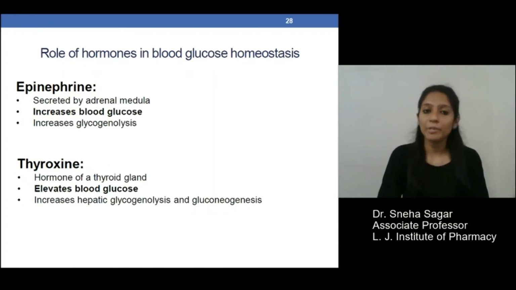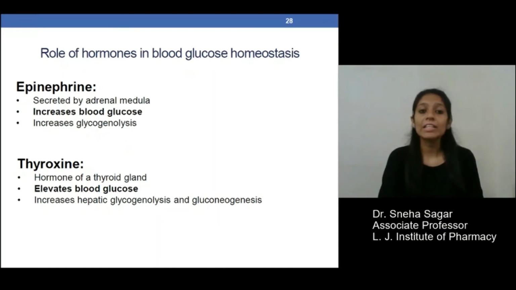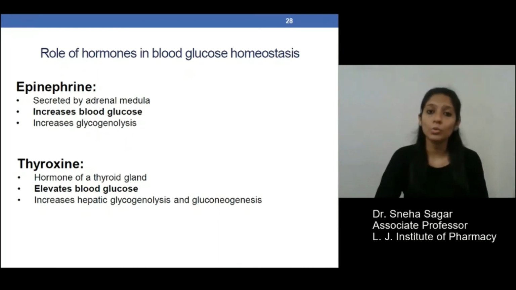Next we have epinephrine. It is secreted by the adrenal medulla and is also responsible for an increase in the blood glucose level by increasing glycogenolysis. Thyroxine is a thyroid hormone which elevates the blood glucose level by increasing glycogenolysis and gluconeogenesis.